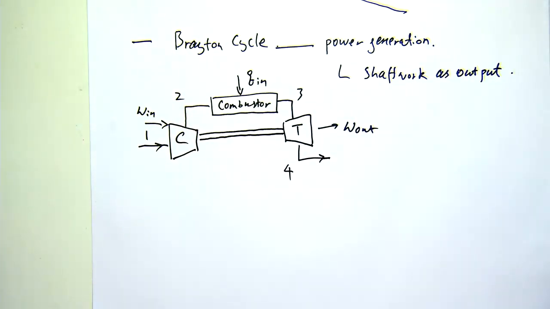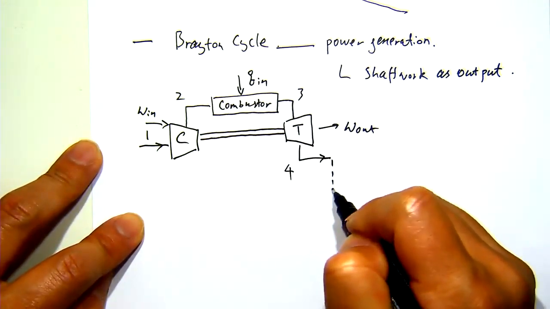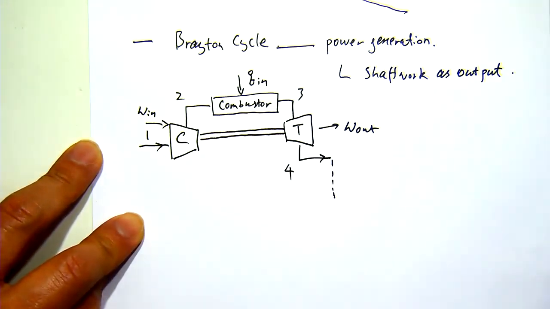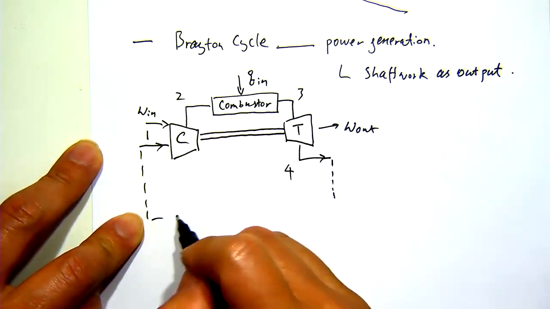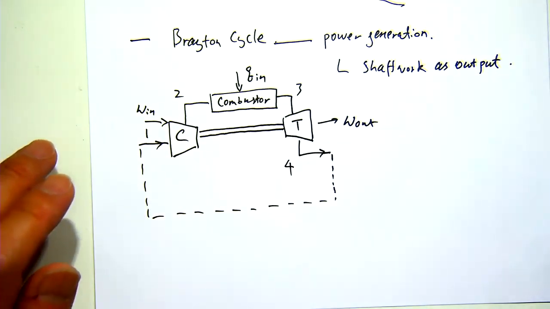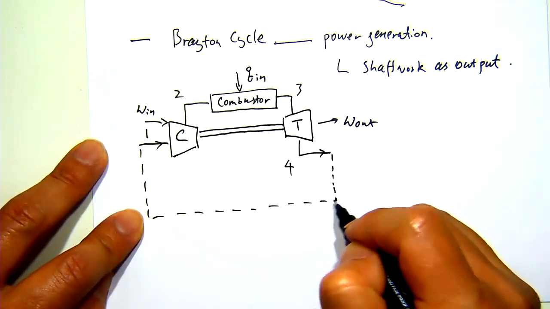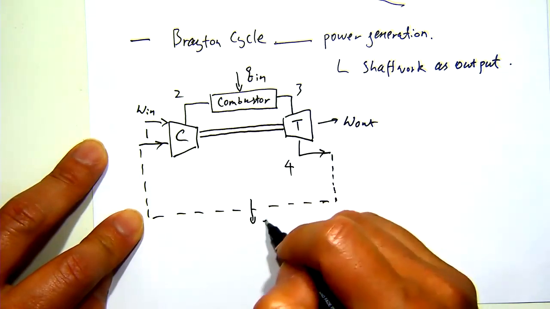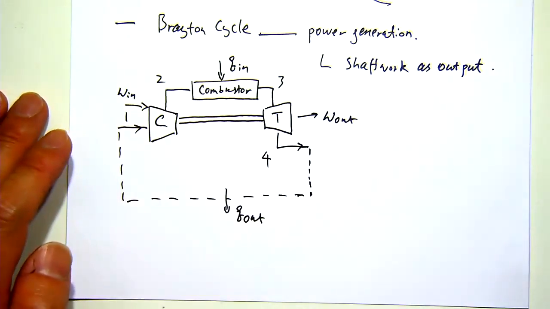To close the loop as a cycle, we consider the exhaust gas being cooled by the ambient, then coming back to the inlet, even though in reality you just dump this exhaust and bring in fresh air. But in order to complete a cycle, we consider the gas coming back, and in this process you have some heat output to the surroundings. So that's pretty straightforward, 4 steps.